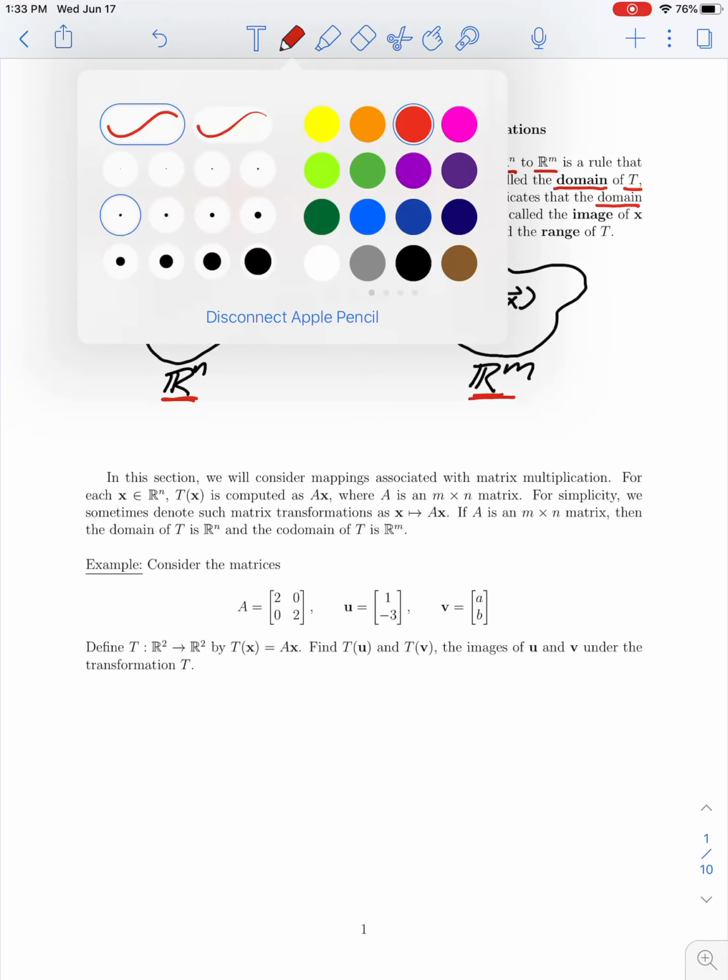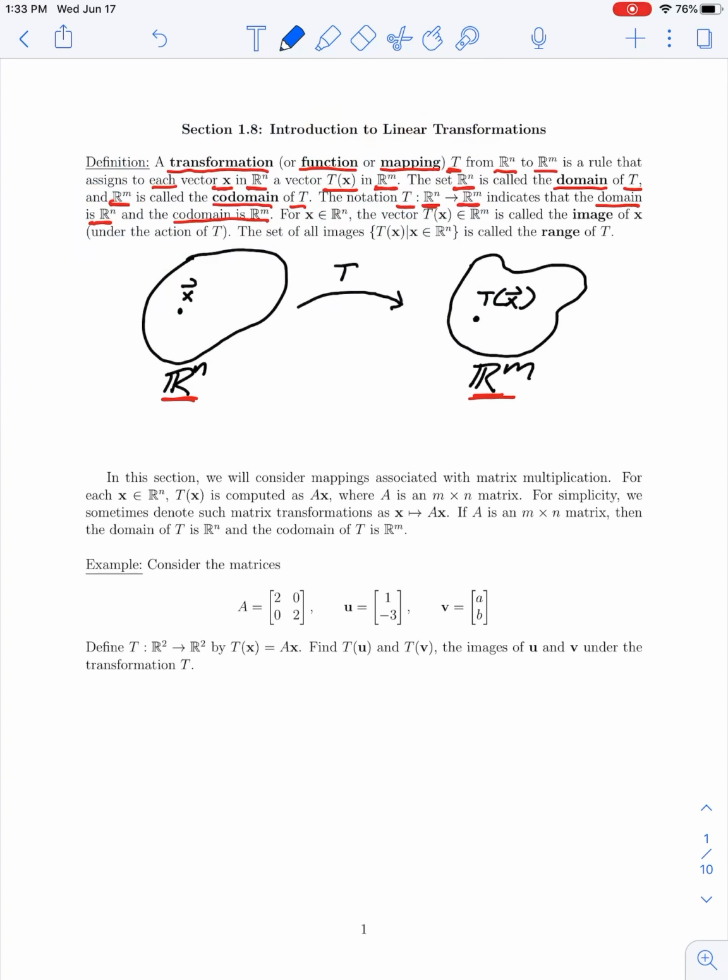Now, for a vector x in Rn, the vector T of x, which lies in Rm, is called the image of that vector x, or if we need to be a little more specific, the image under the action of T, or under the mapping T.